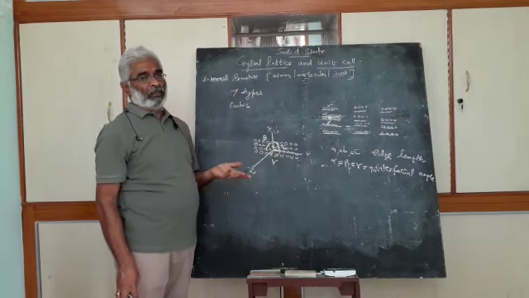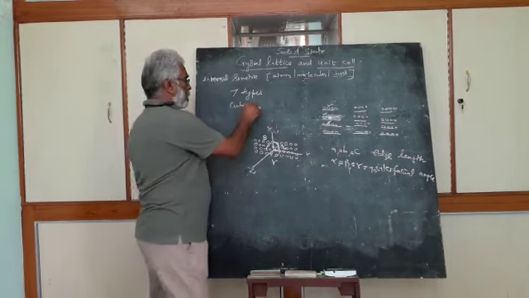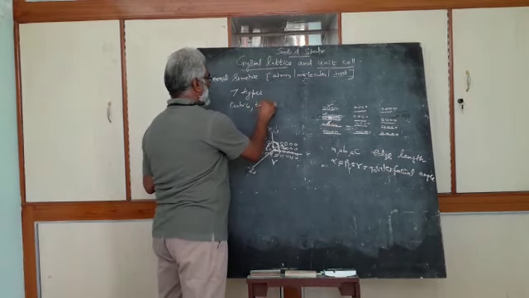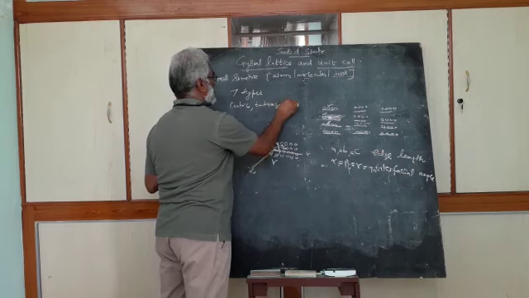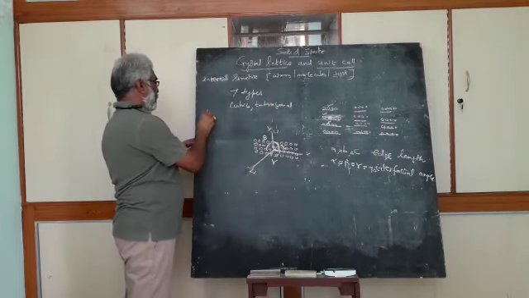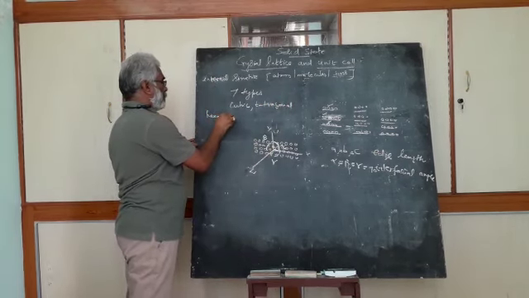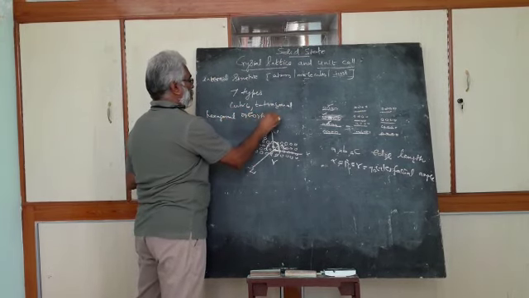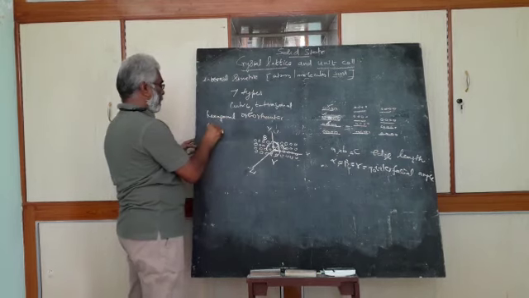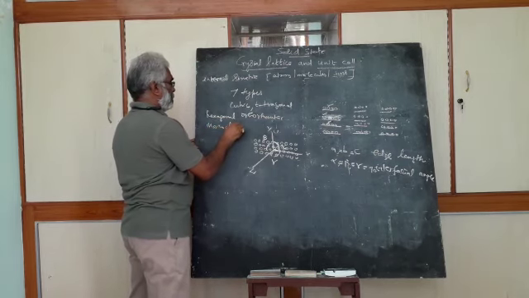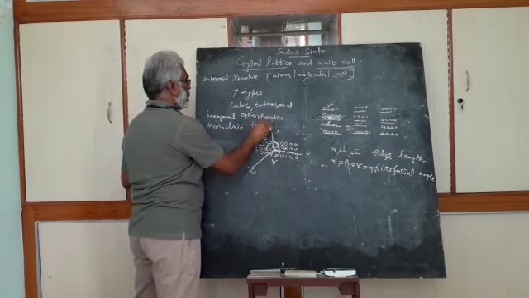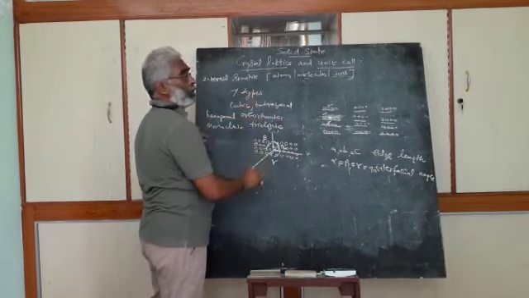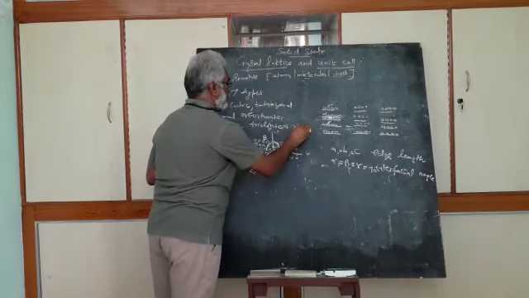The other 6 are tetragonal, hexagonal, orthorhombic, monoclinic, triclinic, and rhombohedral.